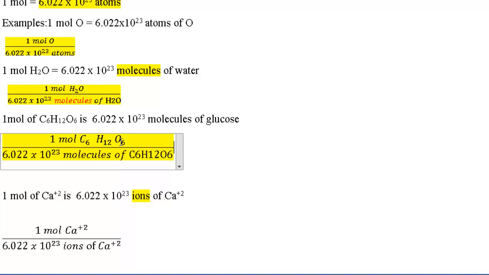Glucose is a molecule, so it will have Avogadro's number of molecules.